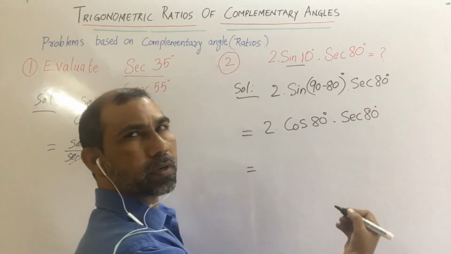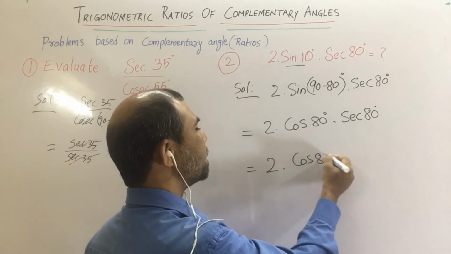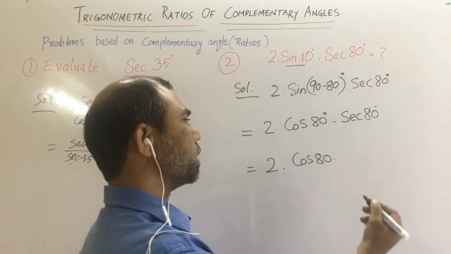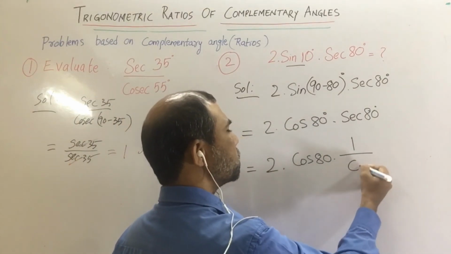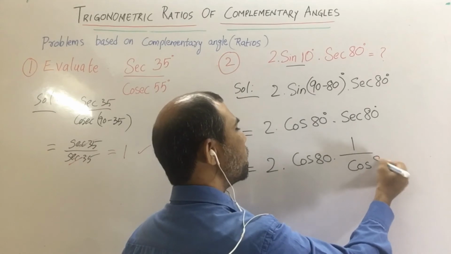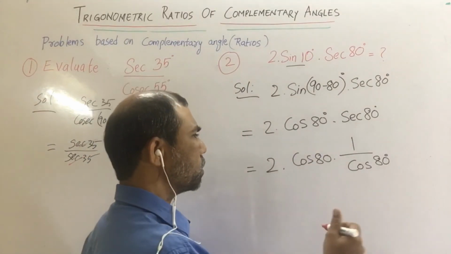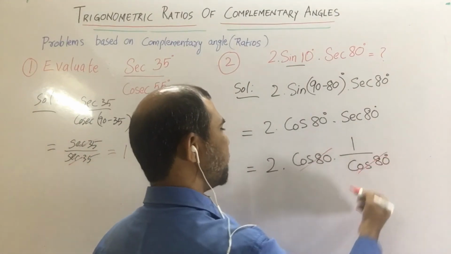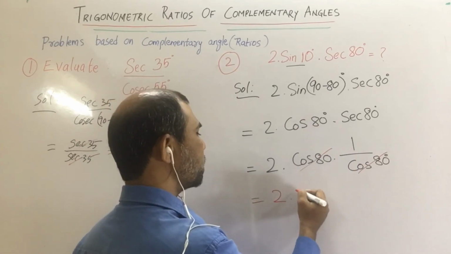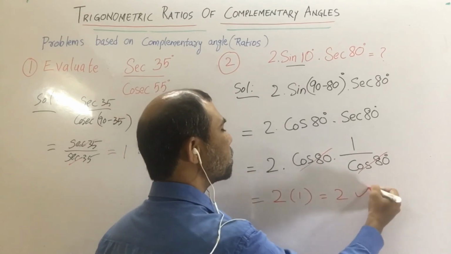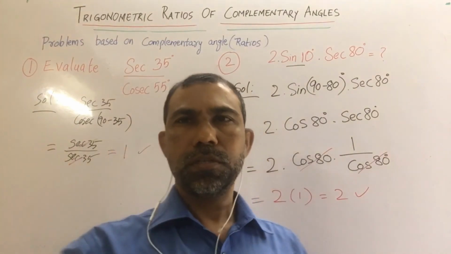Further if you simplify, 2 times cos 80 degrees as it is, and sec 80 degrees you can write in terms of cos, that is sec is the reciprocal of cos, so you can write it as 1 over cos 80 degrees. That means here again cos 80 degrees gets cancelled. The answer will be 2 times 1, that is equal to 2. So, in this way you can solve the complementary angle functions.